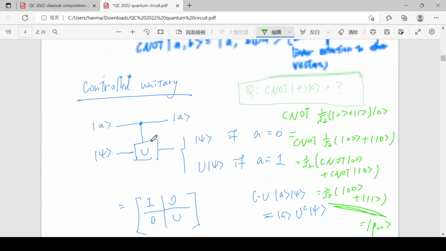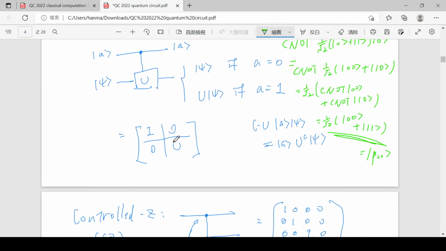And if you write it down as a matrix, when A is 0, you do this block of identity on B, and if A is 1, you apply this unitary U. And if you write this as a formula, it is controlled U: A stays A on the first side, and we can write U to the A on the second side.